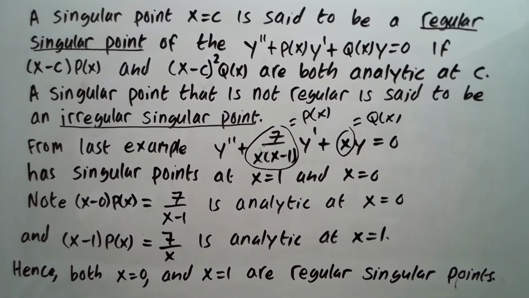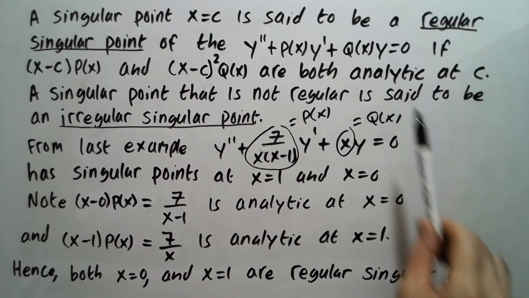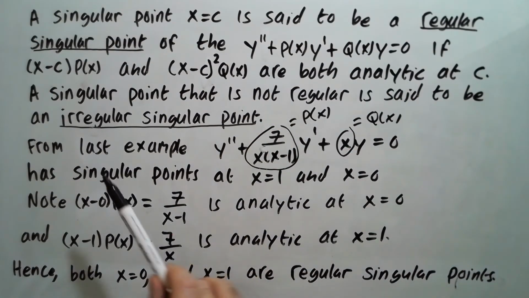Okay, so now we're going to look at a theorem about finding power series representation solutions for this differential equation when you have regular singular points. It's called Frobenius's theorem. So let me state it.